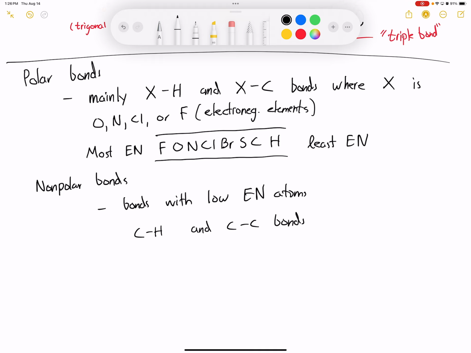So we could probably think of a polar compound. What's one example of a polar compound? Maybe we use it every day. H2O, water, yep. So an example here would be an H-O bond, water. Right, very polar.